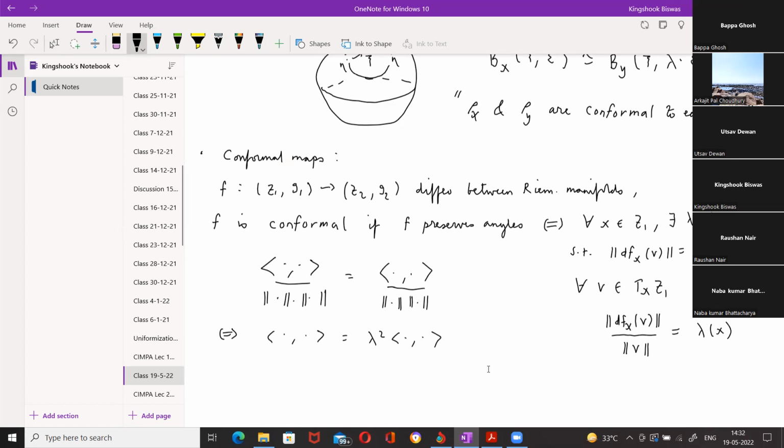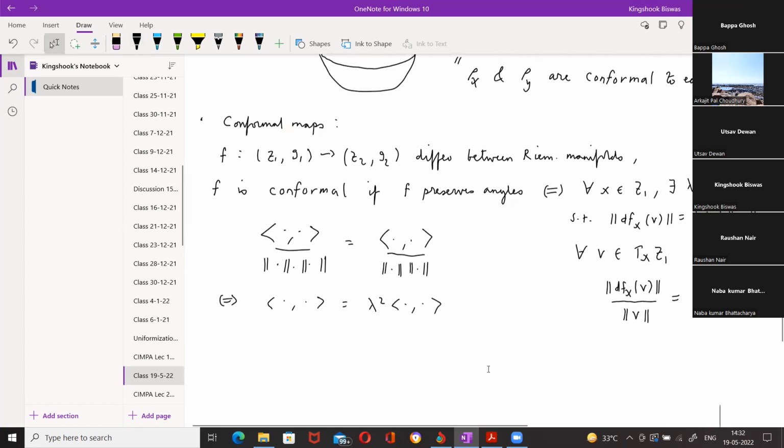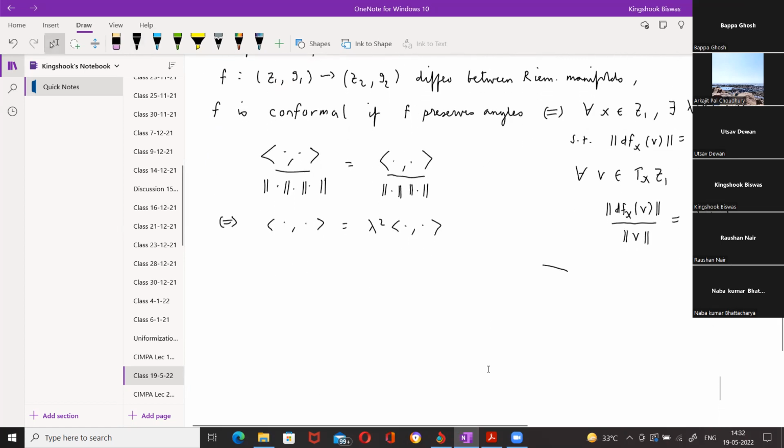So what does this mean? This means that df stretches the same in all directions. So therefore, if I take a sphere of radius r in the tangent space T_x Z1, under df_x this will go to a sphere of radius lambda r.